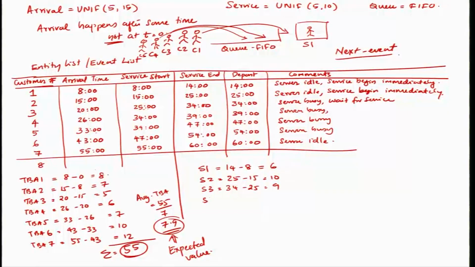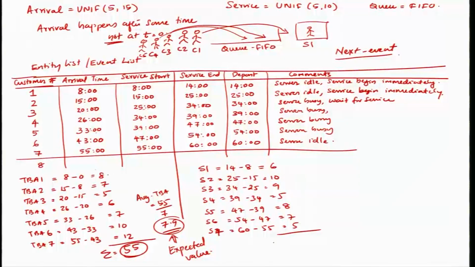Then S4 is equal to 39 minus 34, that is 5. S5 is equal to 47 minus 39, so 8. S6 is equal to 54 minus 47, that is 7. S7 is equal to 60 minus 55, that is 5.